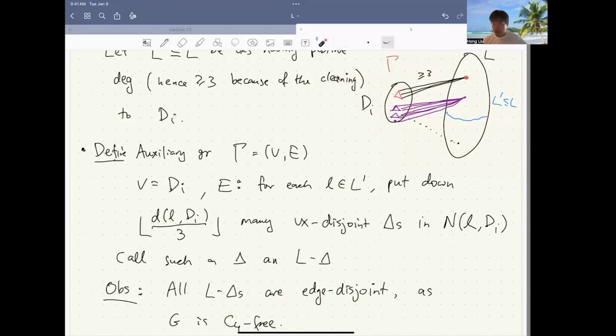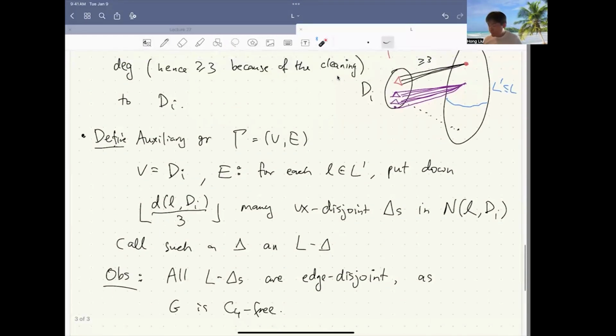This is how we want to apply it. So let's first get some estimate on the order of the graph and the number of triangles in this collection so that we can have the numbers correct to apply the removal lemma.